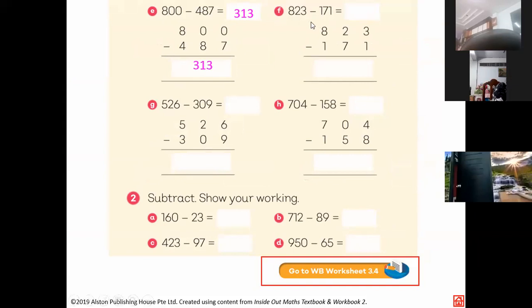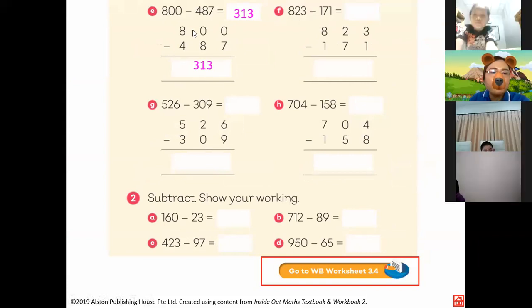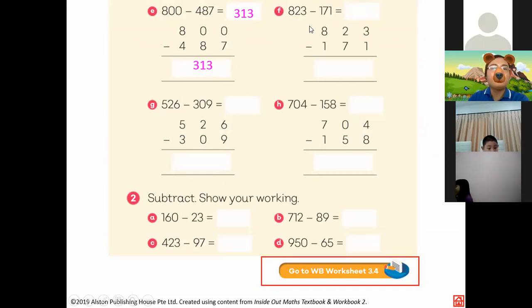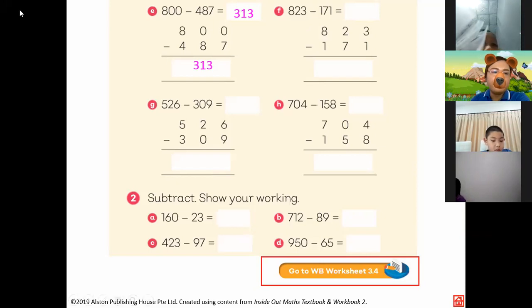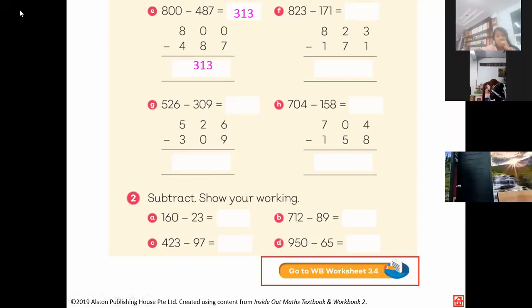What about letter F? Letter F. 652. Very good, 652.